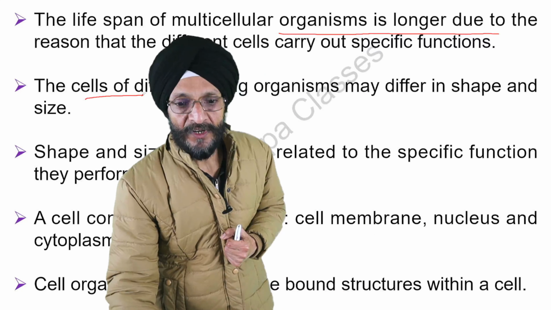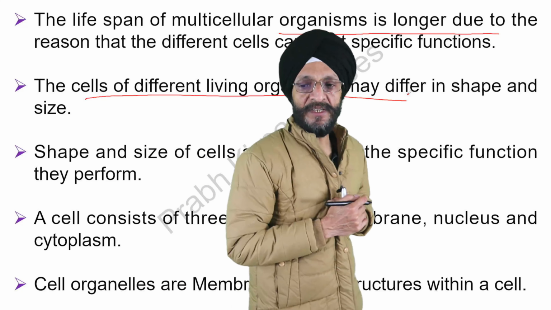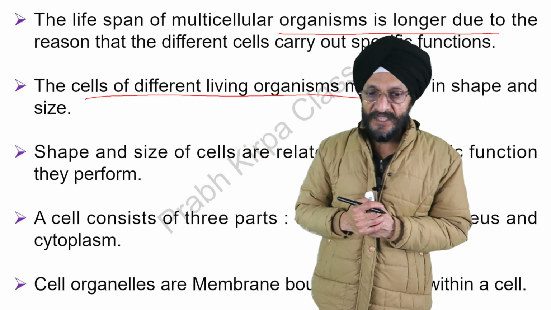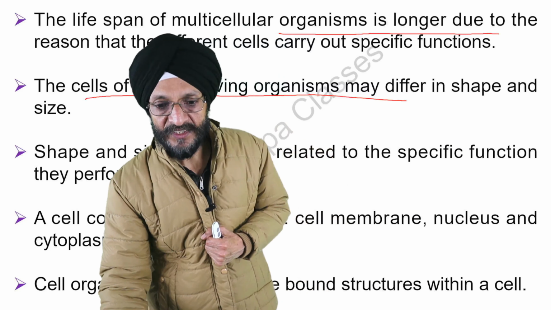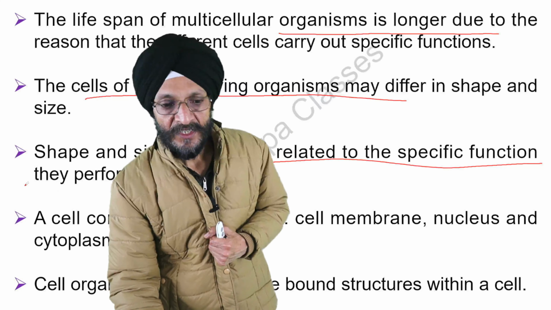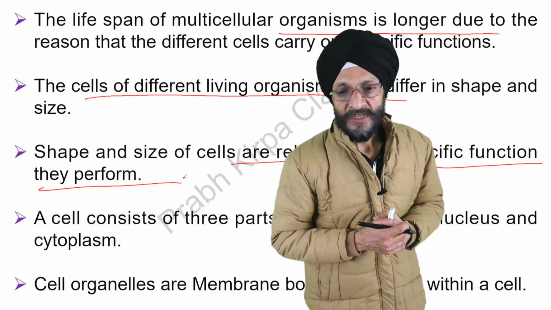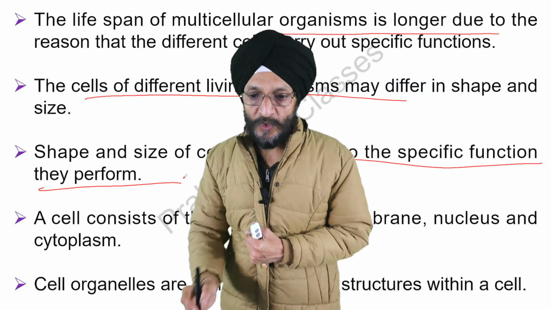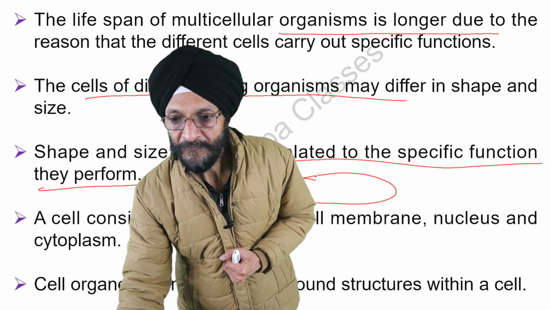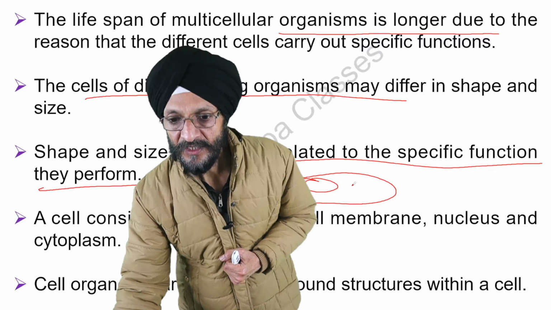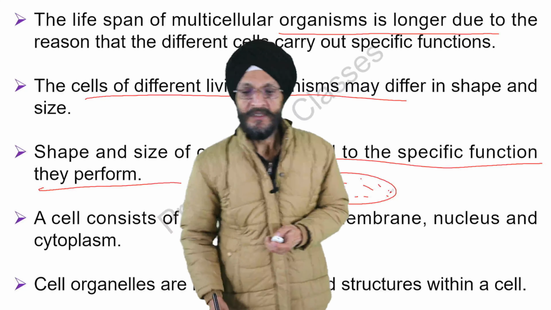The cells of different living organisms may differ in shape and size. Next, shape and size of the cells are related to the specific function they perform. A cell consists of three parts: cell membrane, nucleus, as well as cytoplasm.